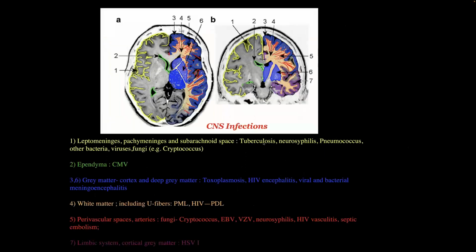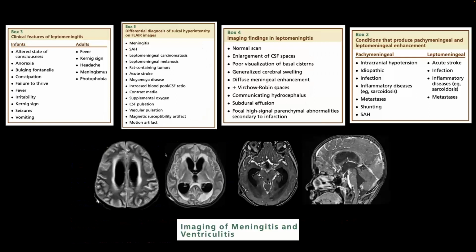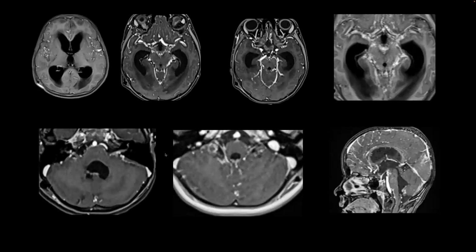Again, among differentials for CNS infections, tuberculosis, TB is the most common for the leptomeningeal enhancement, but other etiologies such as viruses and bacteria more commonly, and also fungal infections can cause leptomeningeal enhancement. So on the imaging, I would think of TB, but if the TB is not definite, think of other infections based on the CSF and the culture studies rather than on the imaging. And at that point, I'll open the case for further discussion.